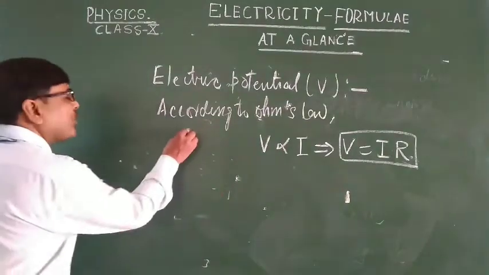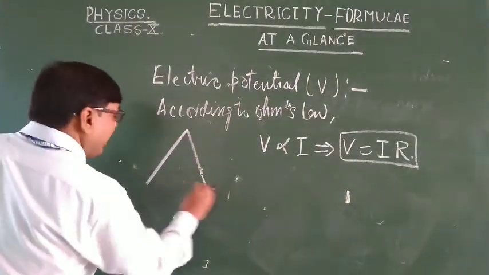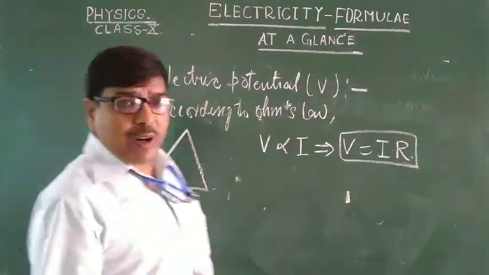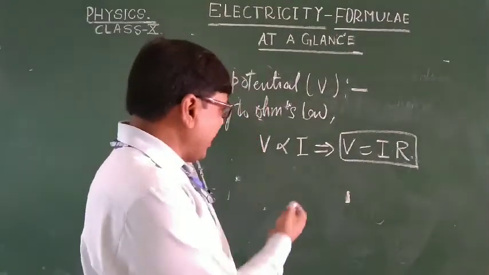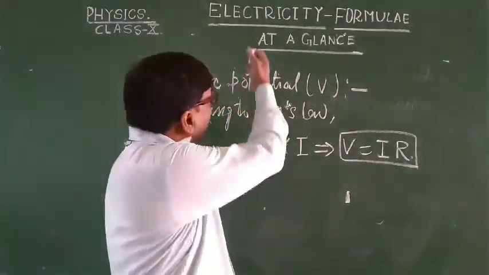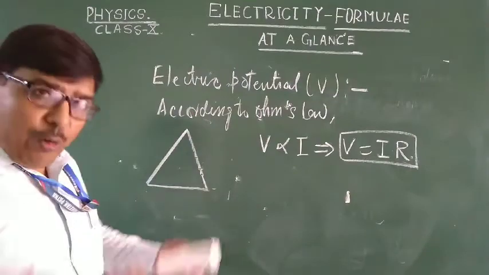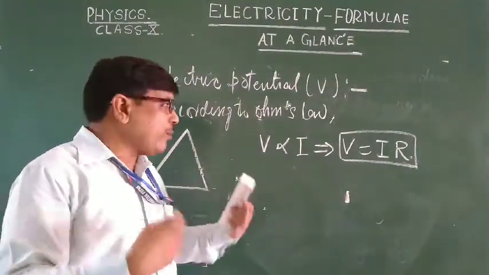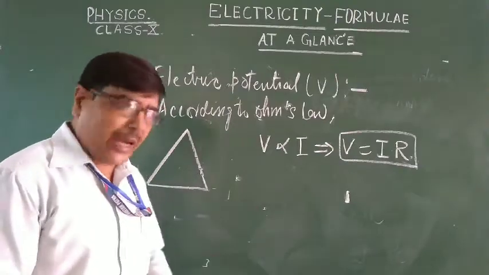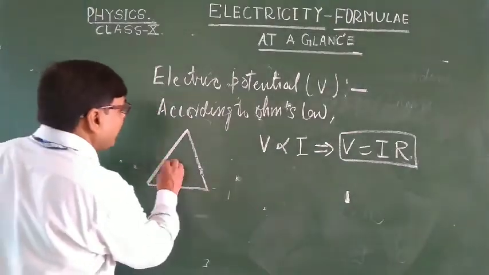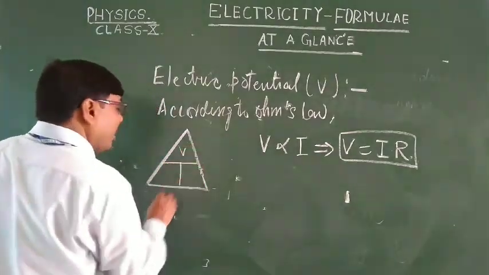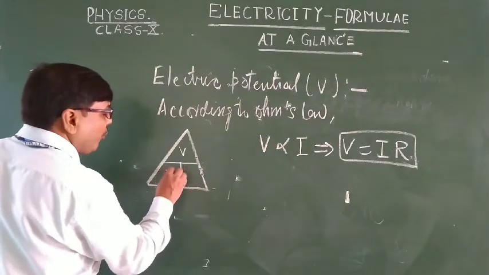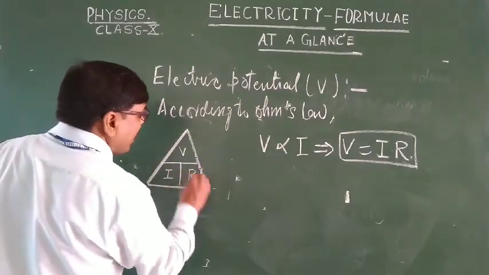Once again, generally while solving numerical problems regarding electricity, we forget the formula. Which formula can you apply first, and how to remember that? What is V? It depends upon the flow of current and resistance.